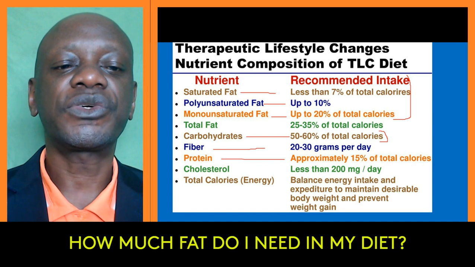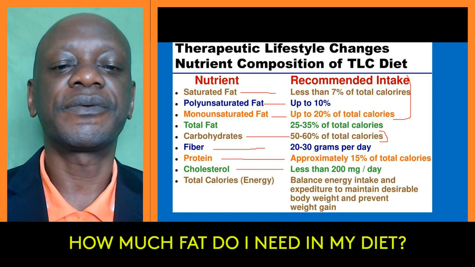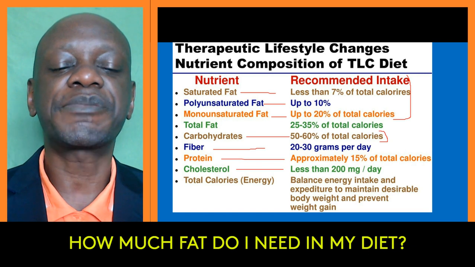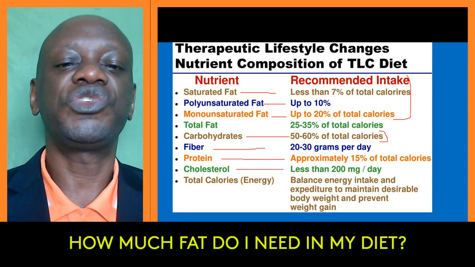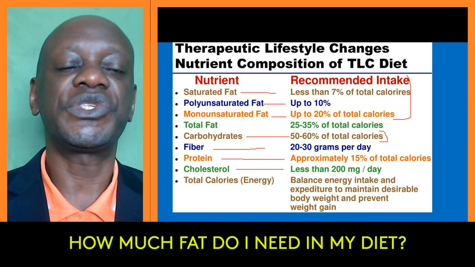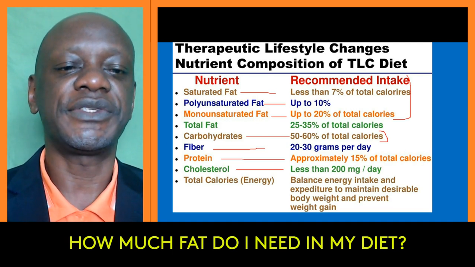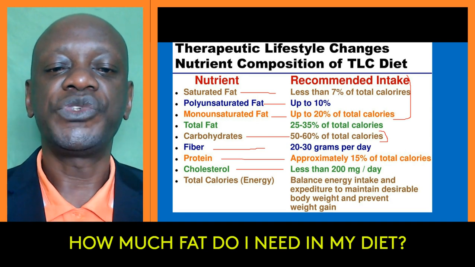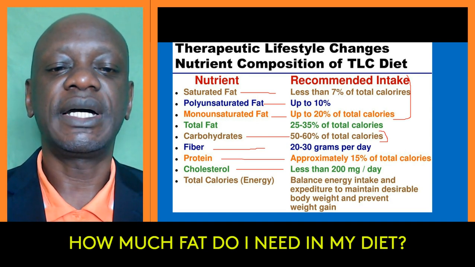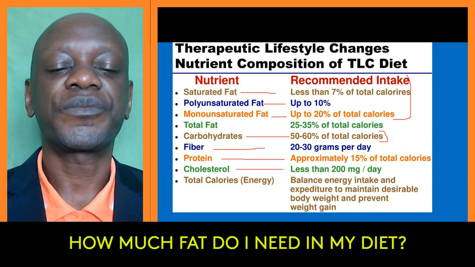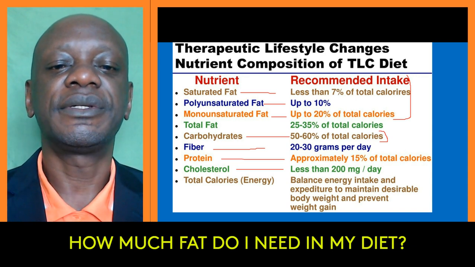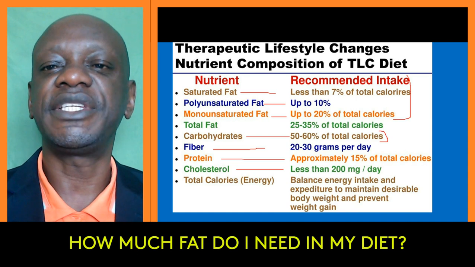Cholesterol should not exceed 200 milligrams per day. That's about 1 egg, assuming that you've been diagnosed with high cholesterol or you have a history of heart attack or diabetes. Of course, you need to also ensure that you lose weight and you engage in moderate intensity physical activity, about 150 minutes per week, 30 minutes per day.